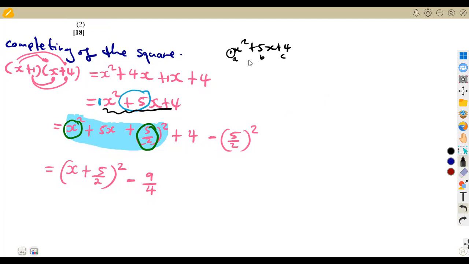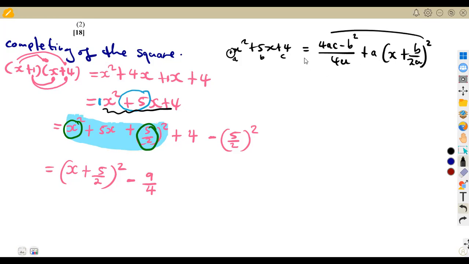So we said if our expression can be written in the form of ax squared plus bx plus c, the formula is going to be given as 4ac minus b squared over 4a plus a, into the bracket of x plus b over 2a squared.